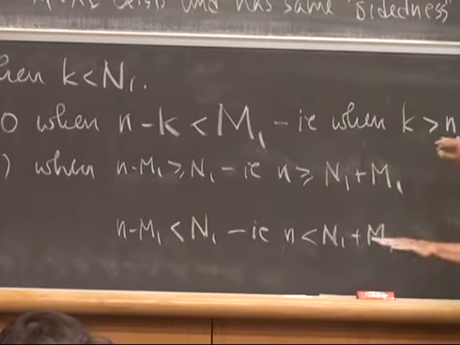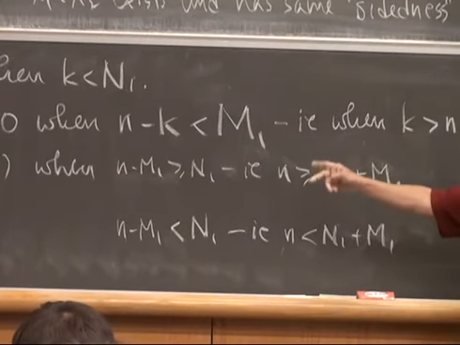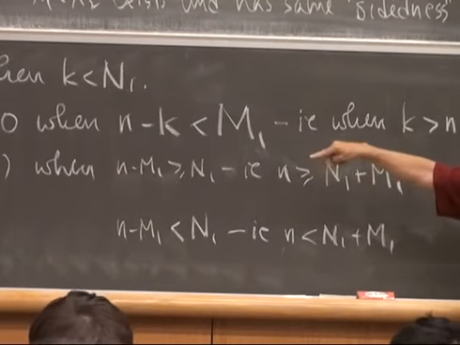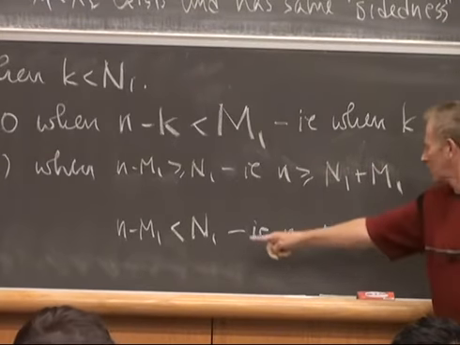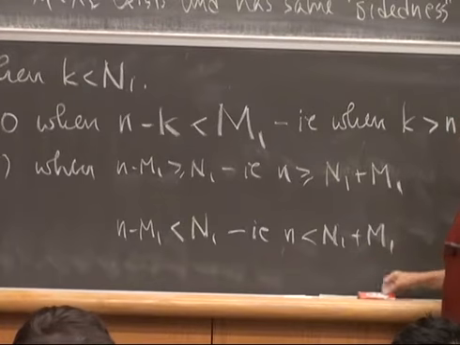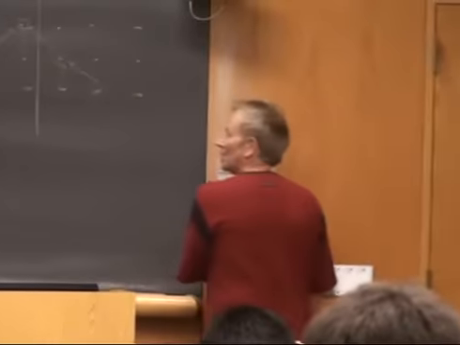And in one fell swoop, what does this show? This shows that the convolution exists because it's always given by a finite sum when it's non-zero, and it's right-sided because it's 0 before time N1 plus M1. Now let me just pull that apart a little bit. Make sure you get it.